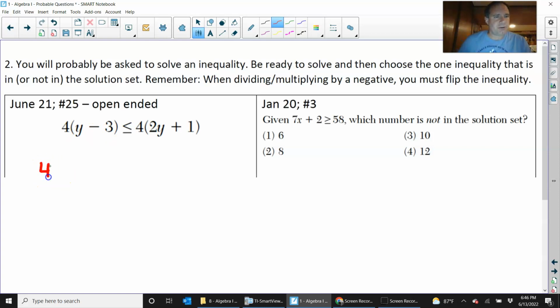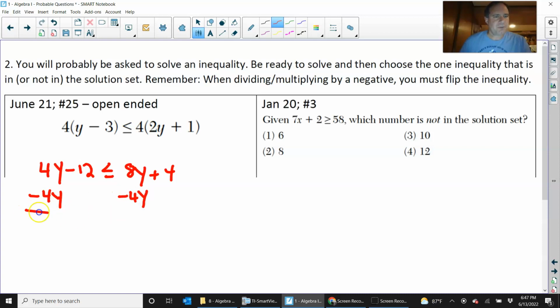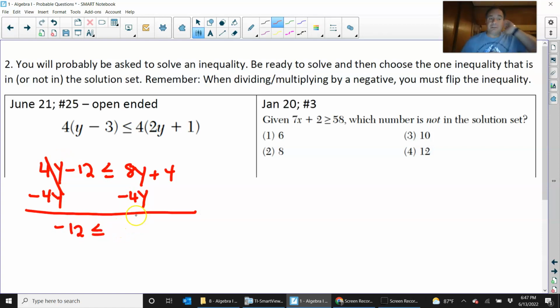We're going to go ahead and distribute, and then we have 8y plus 4. Bring the smaller coefficient over, so we have negative 12y. You do not have to flip the inequality symbol for y. That is a positive. And then plus 4, you minus 4 on both sides.